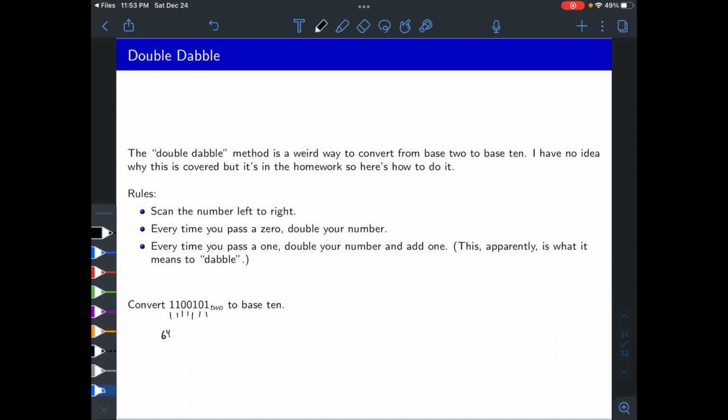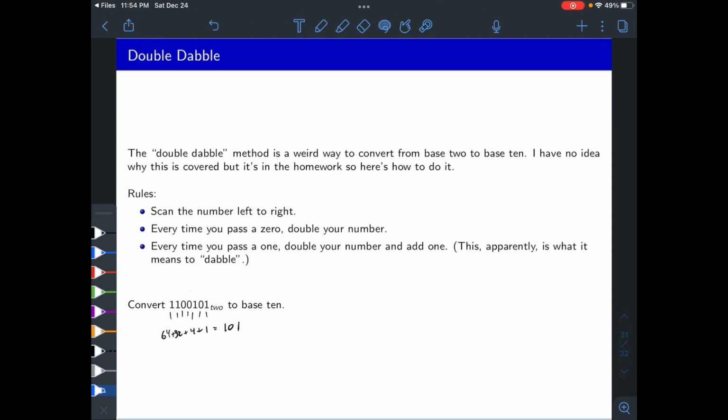So you'd have 64 plus 32 plus 0 plus 0 plus 4 plus 0 plus 1, which would be equal to 96 plus 4 plus 1. Yeah, I think that's 101. Okay, so you get 101.